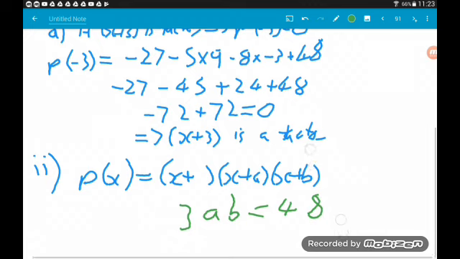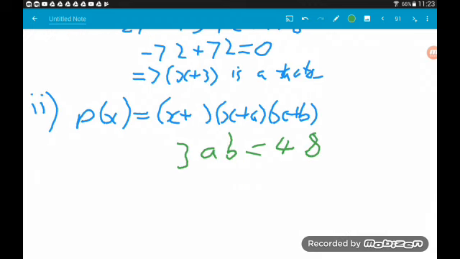So we know if we divide by 3, a times b is equal to 16. So whatever a and b are, they need to multiply together to give us 16. So we only need to try factors of 16.